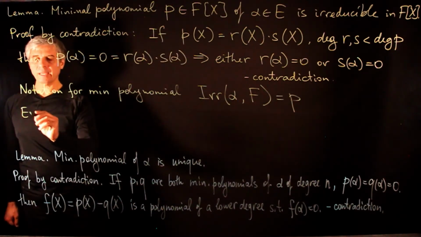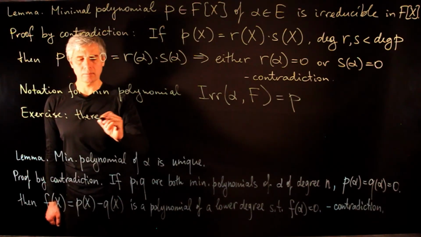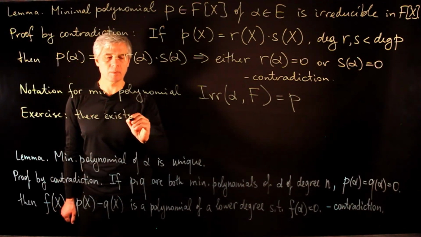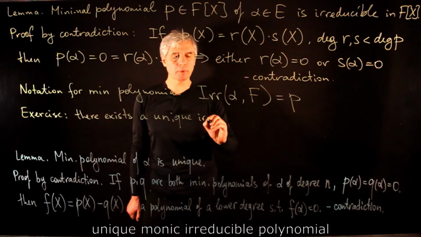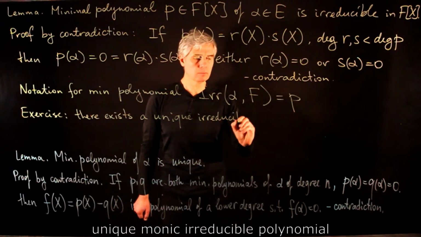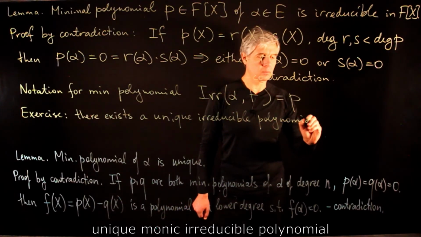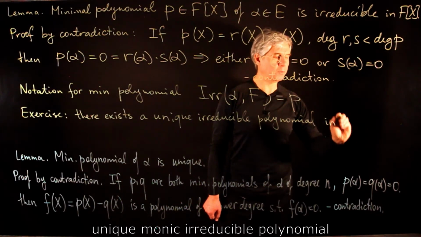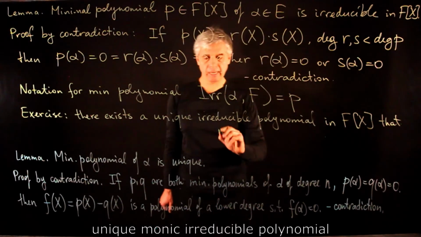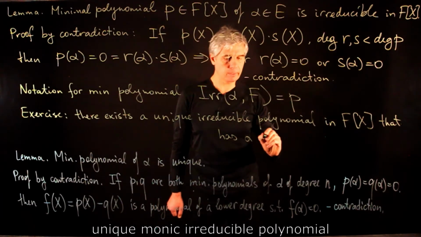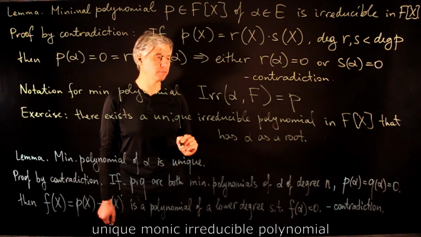And an exercise is that there exists a unique irreducible polynomial in F[x] that has alpha as a root, and this will be the minimal polynomial of alpha.